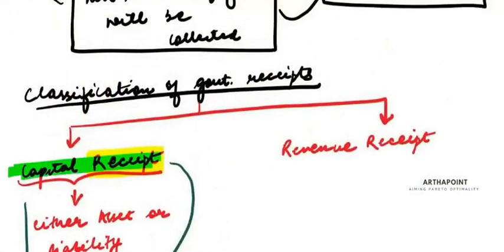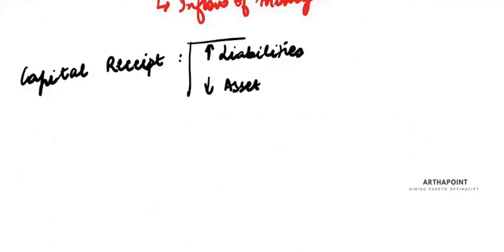But because it is related to either asset or liability, it is a capital receipt. So majorly, we can say that a capital receipt is one that either leads to increase in the liabilities or leads to decrease in the asset of the government.